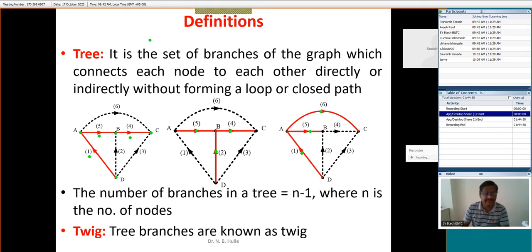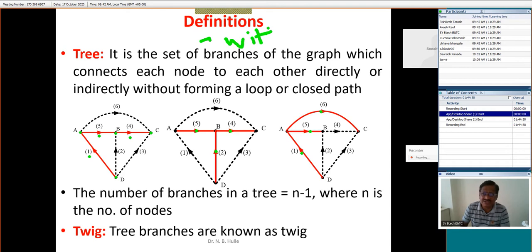Look at the definition. It is a set of the branches of the graph which connects each node to the other node directly or indirectly without forming a loop or closed path. I forgot to mention one word here: it is a set of branches with nodes, because in the tree we will show the nodes also.